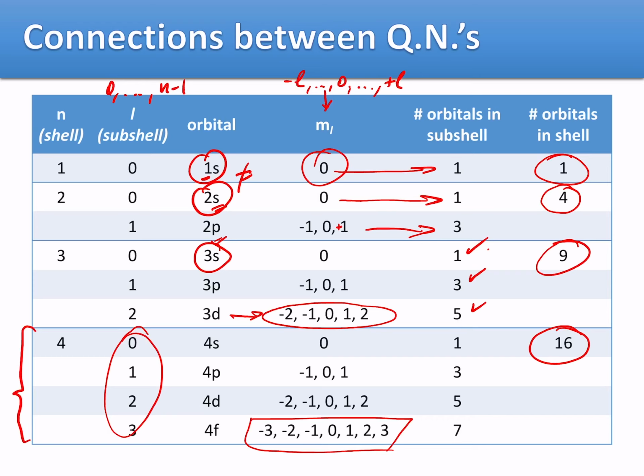You just change the number in front depending on what energy level you are working in. That is to say, if you are with n equals 6, you're going to have a 6s, 6p, 6d, and 6f. There is the possibility for higher orbitals to exist, but as I said before, we are not going to use them.